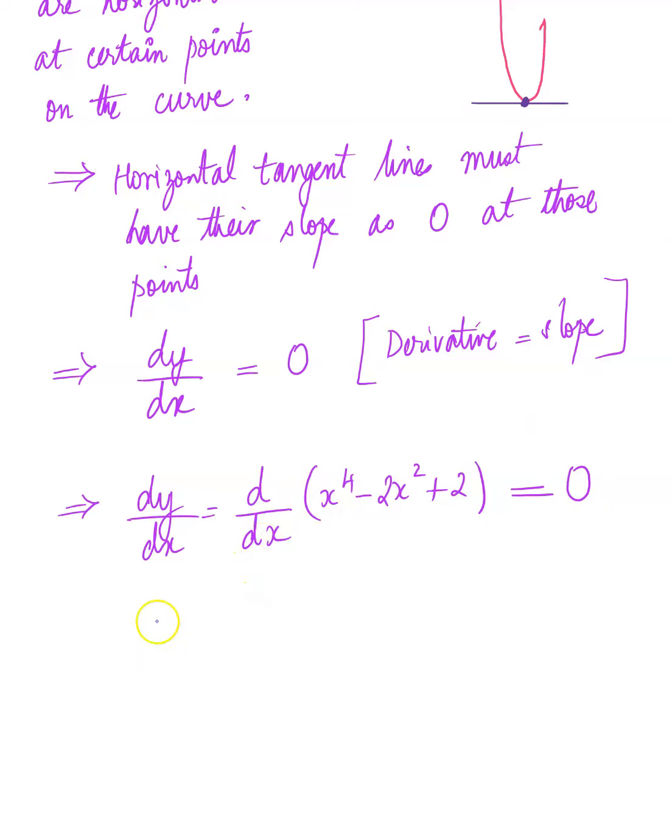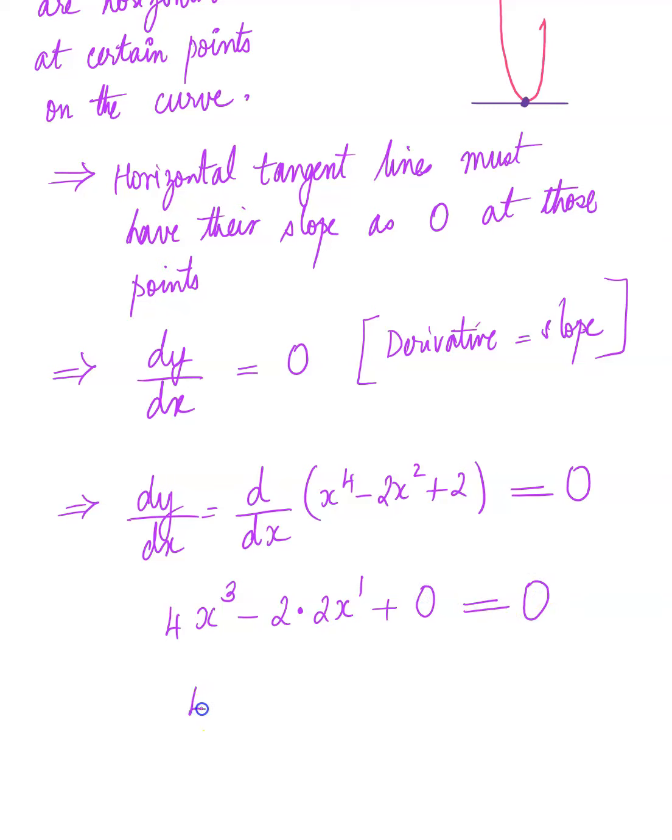We can move fast if you want, meaning you could write them as separate derivatives because of the sum rule, or you could see it as the sum rule happening followed by the individual power rule, constant multiple rule, or constant rule. If you can see it that way, you can see that this becomes 4x to the power 3 minus 2 times 2x to the power 1 plus the derivative of 2, which is 0, and you're setting that whole expression equal to 0.